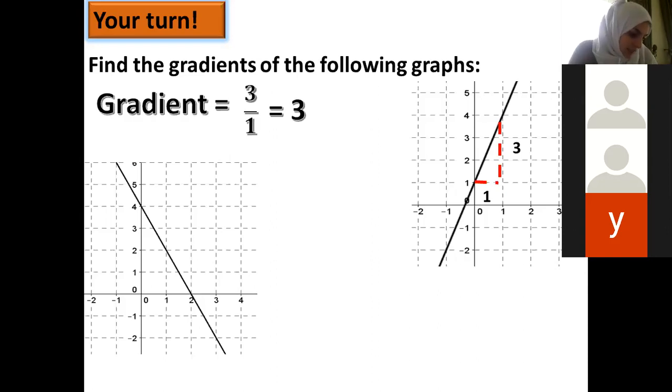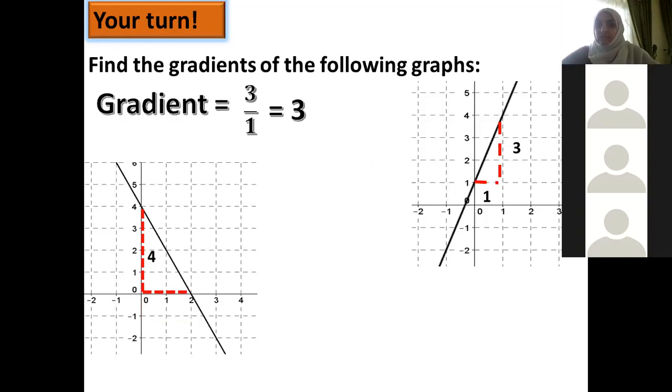Let's take someone else. Let's take Ban. I'll pick these 2 points for you, Ban. What do you think? Okay, up 4, across 2. Let me ask you something, Ban: did you go up or down? Is it an increasing line or a decreasing line?